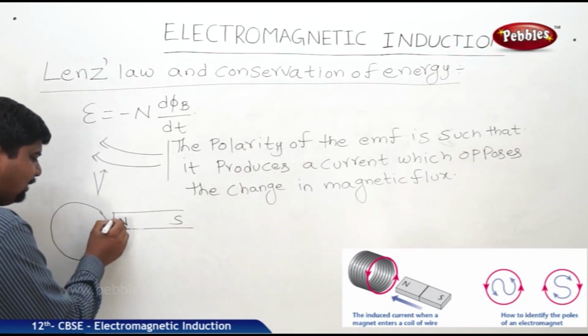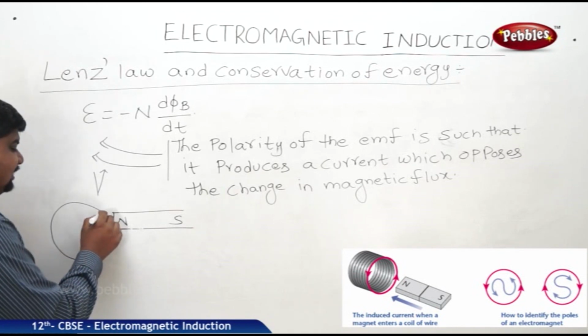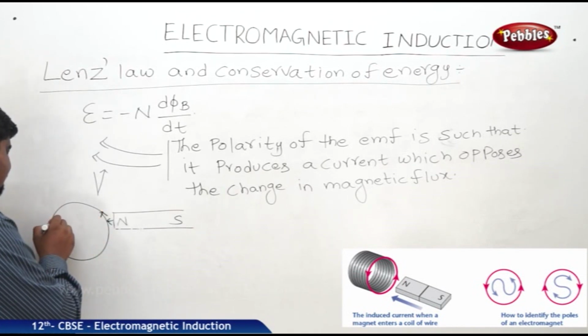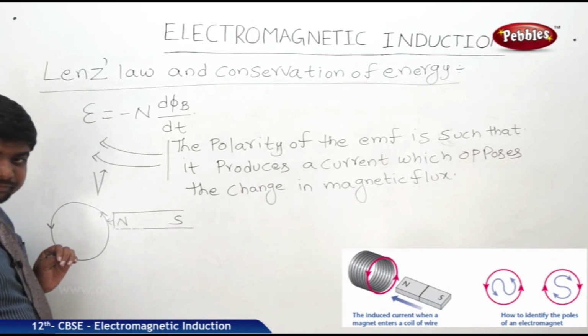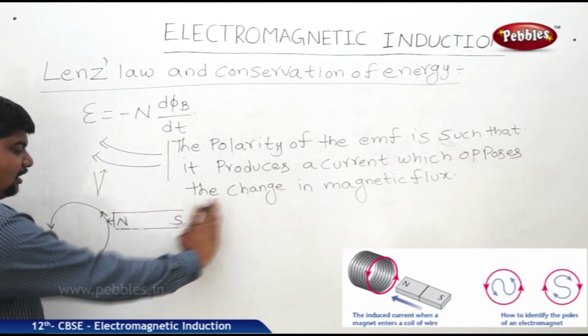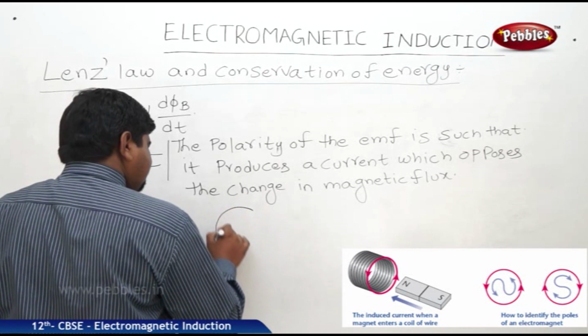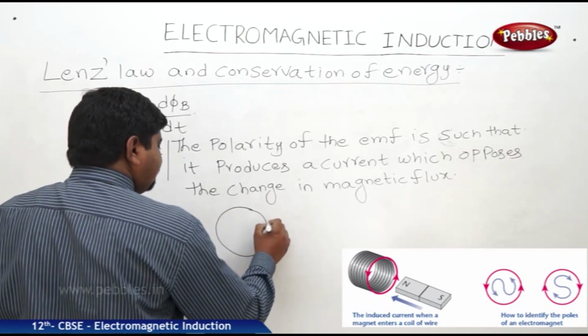That's why when a magnet's north pole is approaching towards the coil, the orientation of the magnetic field is in anti-clockwise direction. When this north pole is moved away, then the orientation of the magnetic field will be in clockwise direction.